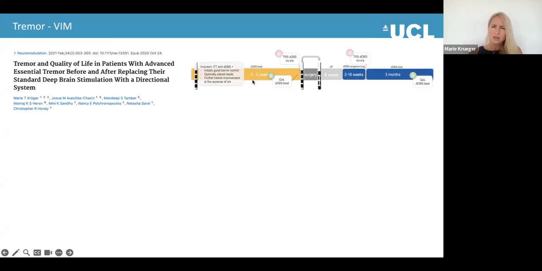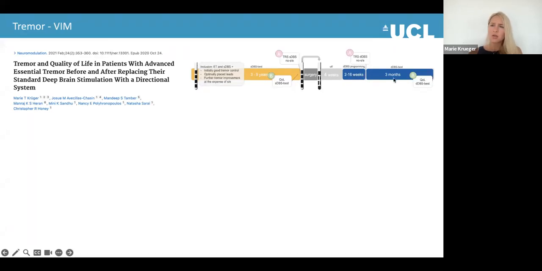After 3 to 9 years, the patients' tremor had progressed to such an extent that the tremor improvement wasn't sufficient anymore, but when we tried to crank up the stimulation, they got the side effects. So we decided to exchange these electrodes for directional electrodes, waited for 4 weeks, and programmed them on a directional setting, which took us up to 16 weeks.